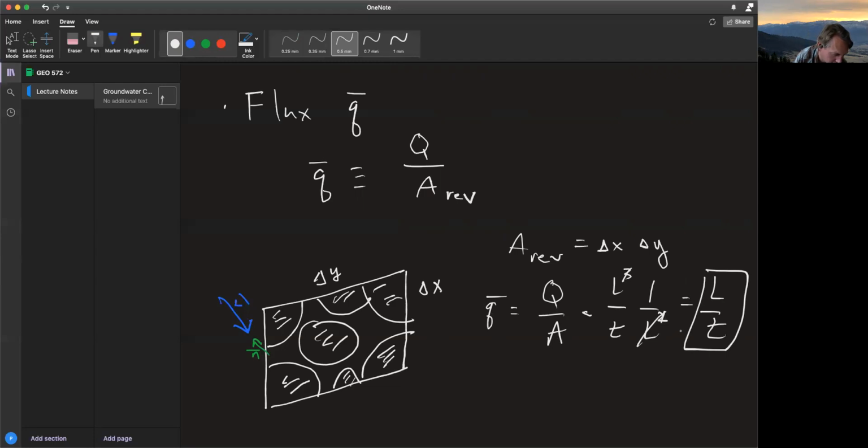The reason why is that our discharge Q is equal to the velocity dotted into the normal vector, but the area across which flow can occur is the area of the voids, right? No flow is occurring through the grains.